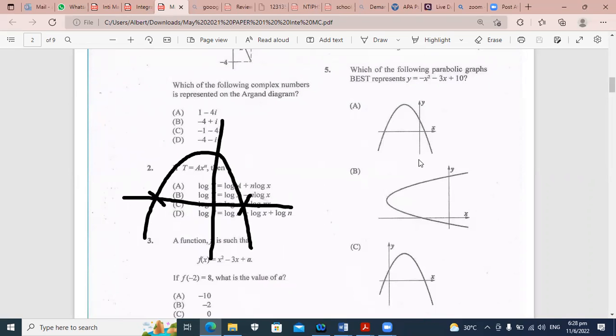Or to be more accurate, Otisa, what you could actually say is that in A, one value is positive and one value is negative.